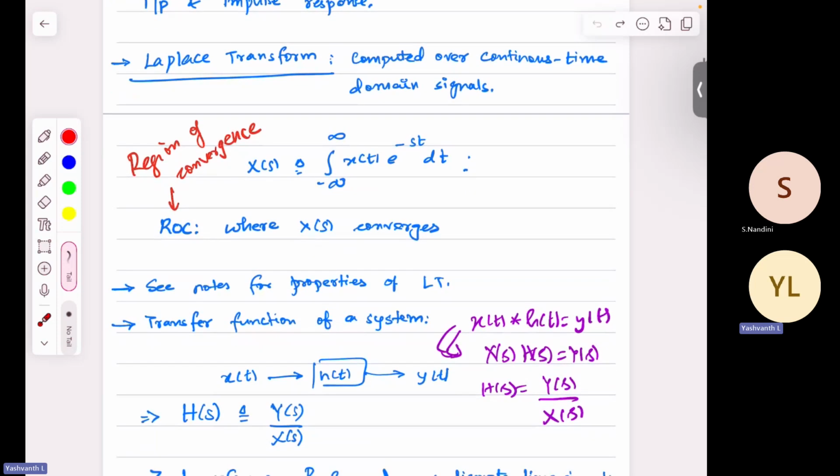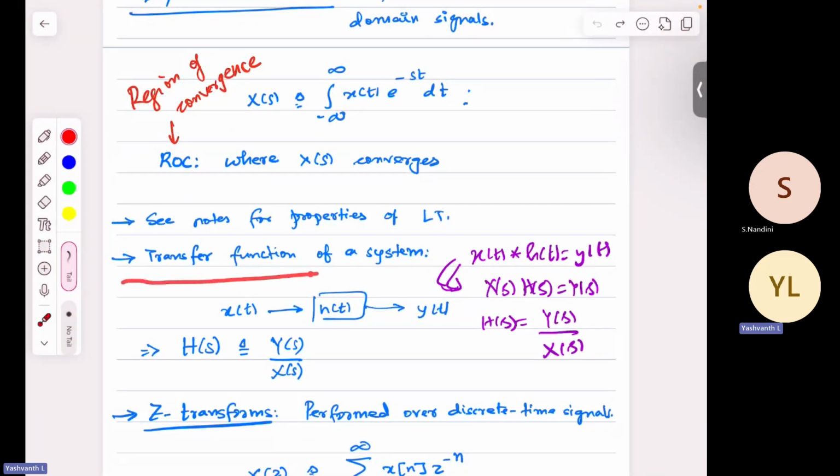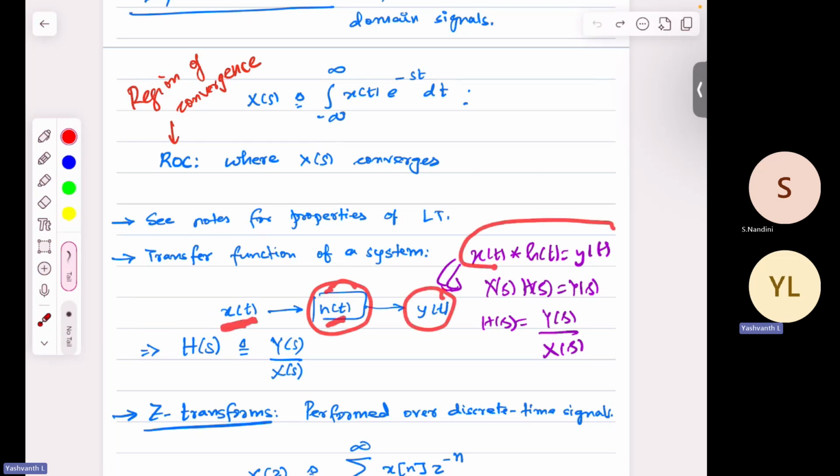Now, using the Laplace transform, you can define what is called the transfer function of a given continuous time system. What is the transfer function? From the basics of LTI systems, if h of t is the impulse response of an LTI system, then the output y of t is the convolution of x of t and h of t. That's what I've written here.